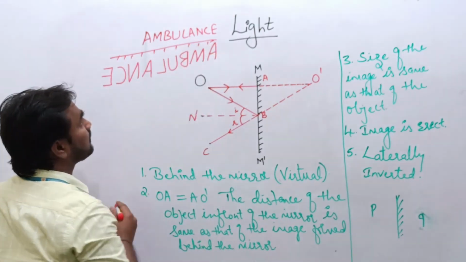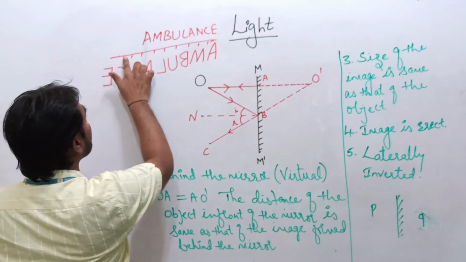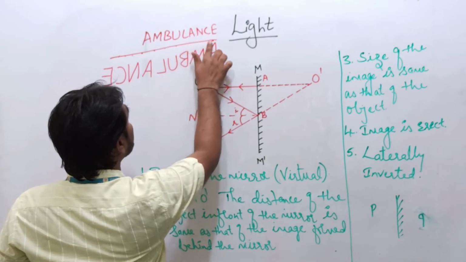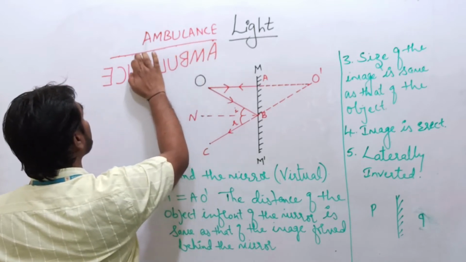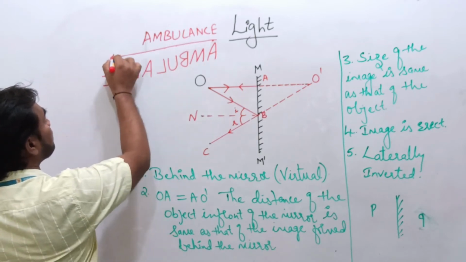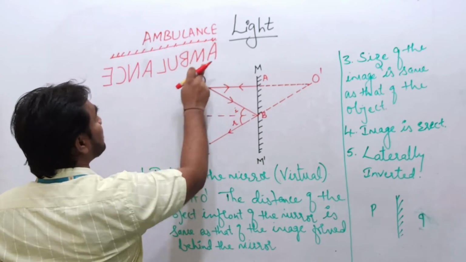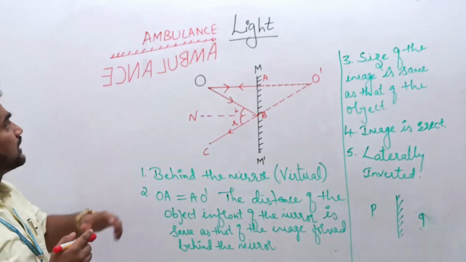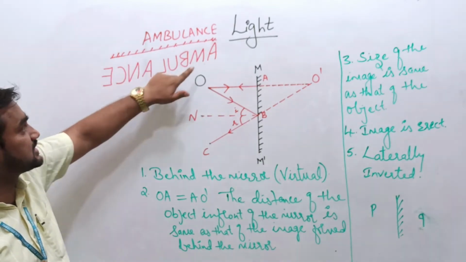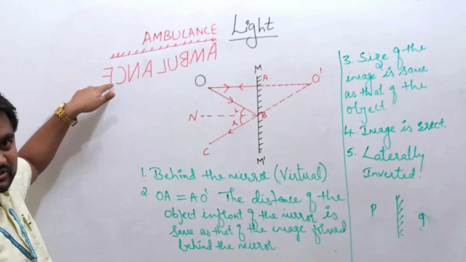Just assume, dear children, if this is a mirror. So this is the ambulance, and this is the reflection of this ambulance. This is written laterally inverted, in the opposite way, right?